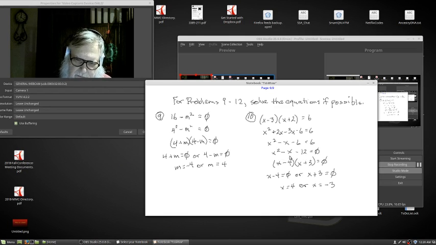So I've kind of skipped a couple of steps here, and we know that x minus 4 times x plus 3 is going to be equal to 0, because if we FOILed this out, we would get x squared minus x minus 12. This being the case, that means that either x minus 4 is 0 or x plus 3 is equal to 0. And if we solve by moving our constant terms over, we get that x is 4 or x is negative 3.